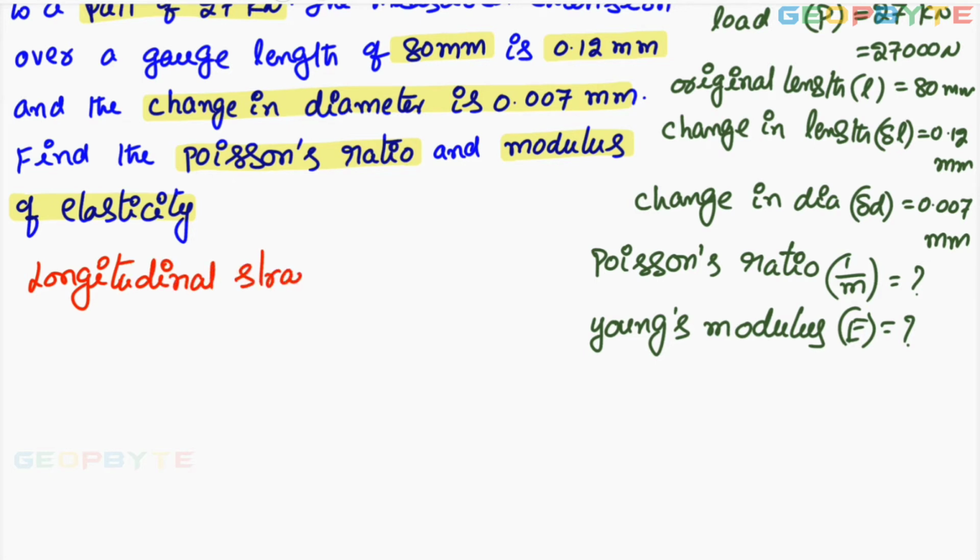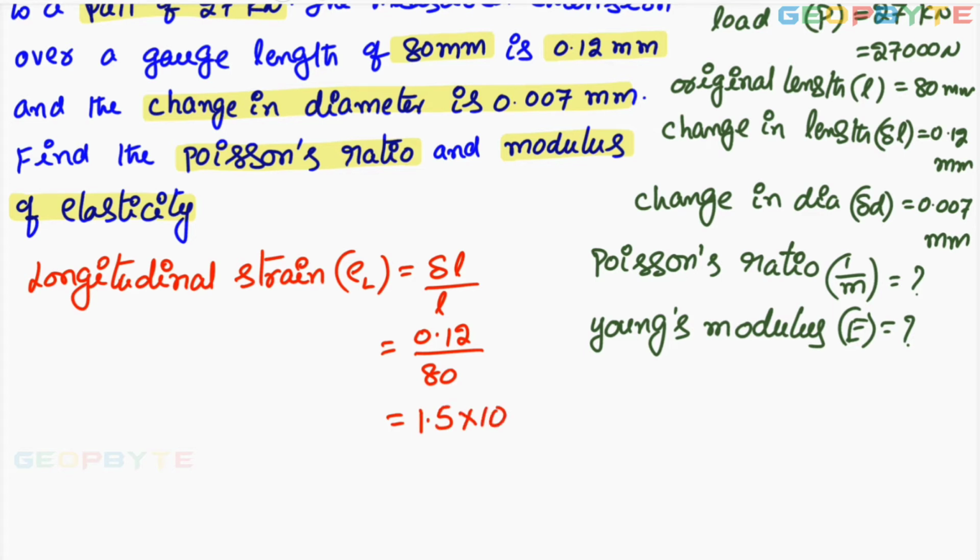Longitudinal strain EL equal to change in length by original length. Here change in length is 0.12, original length is 80. That longitudinal strain value is 1.5 into 10 raised to minus 3.